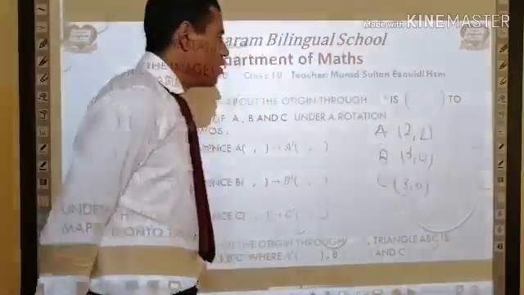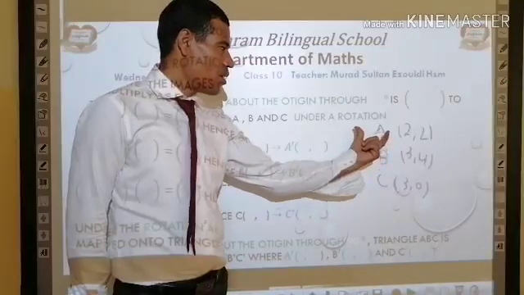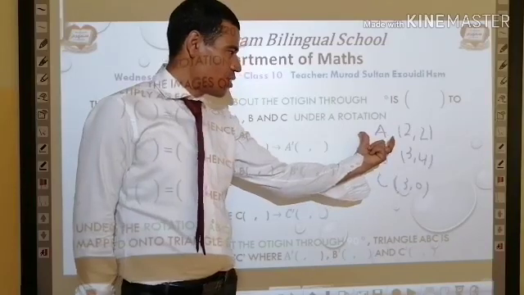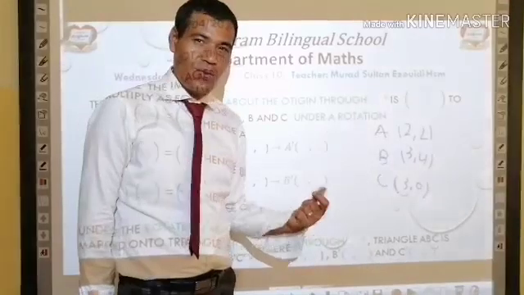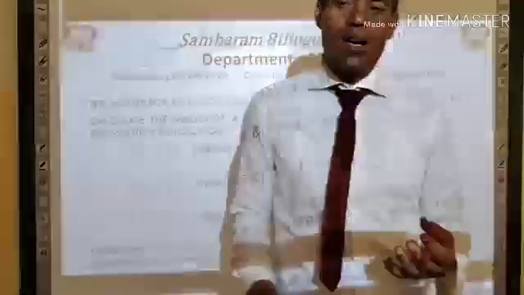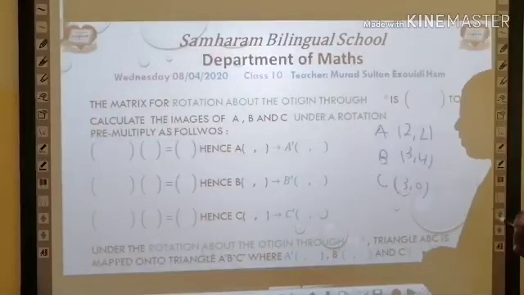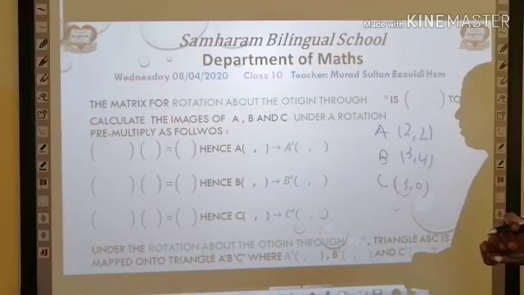Now I will try to find the coordinates of these points in the rotation about the origin through 90 degrees counterclockwise, or anticlockwise. First of all, you should work out the matrix that transforms these points into their images.